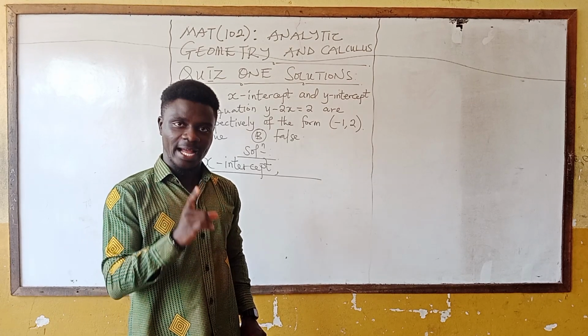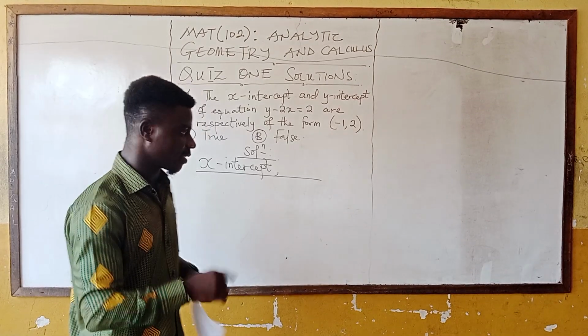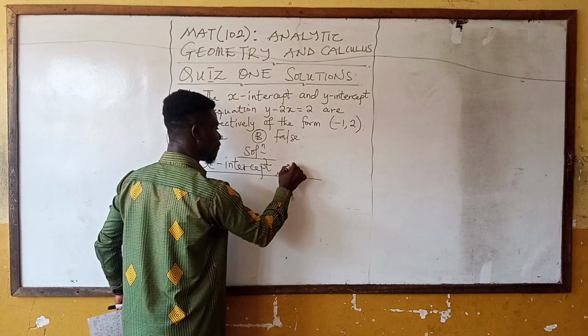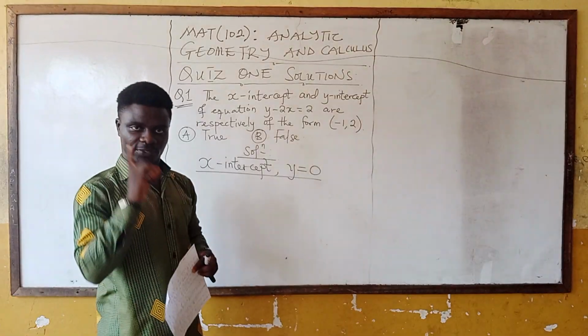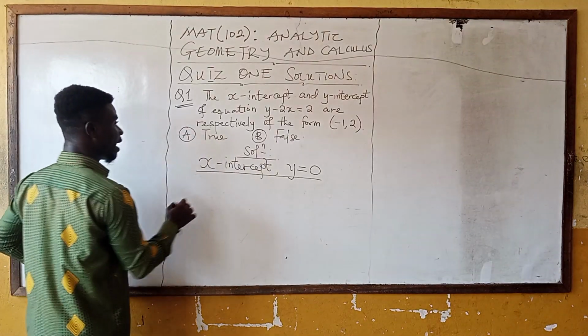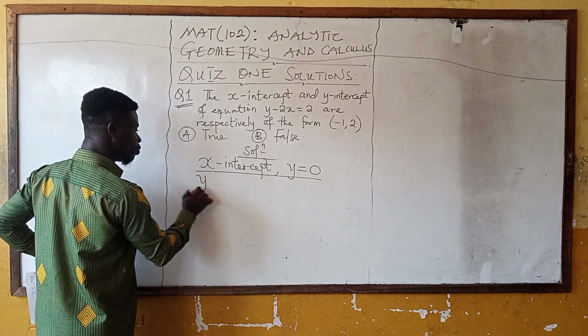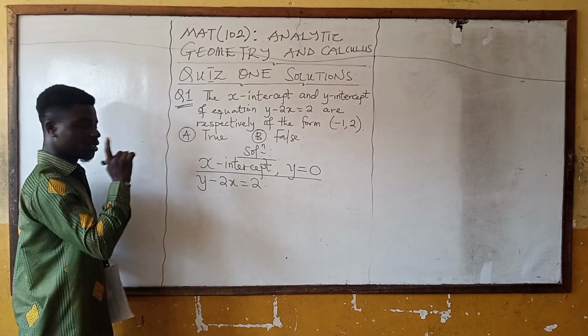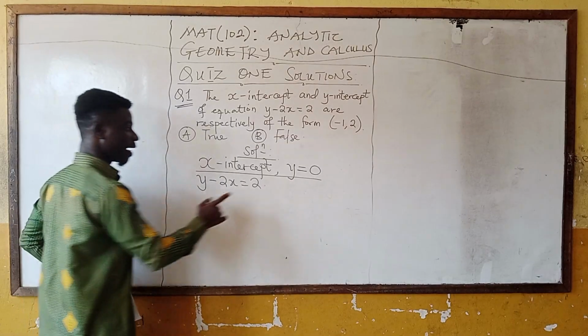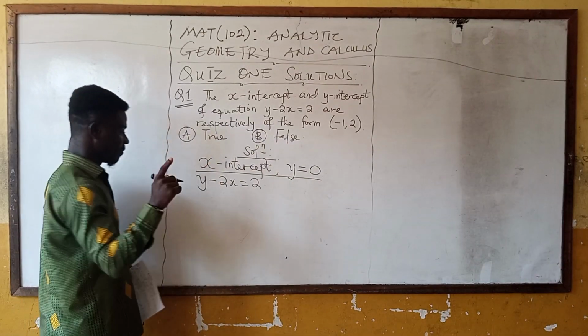So if the line cuts the x-axis, which means that our y value is always equal to what? 0. So if I have my equation of the line to be y minus 2x equals 2, then wherever I see y, I substitute in 0.